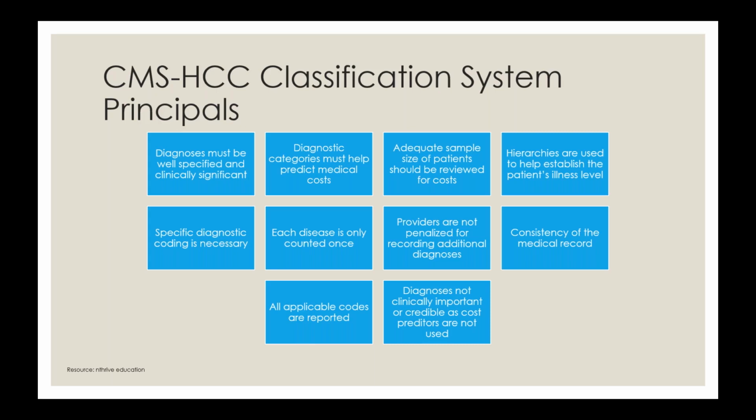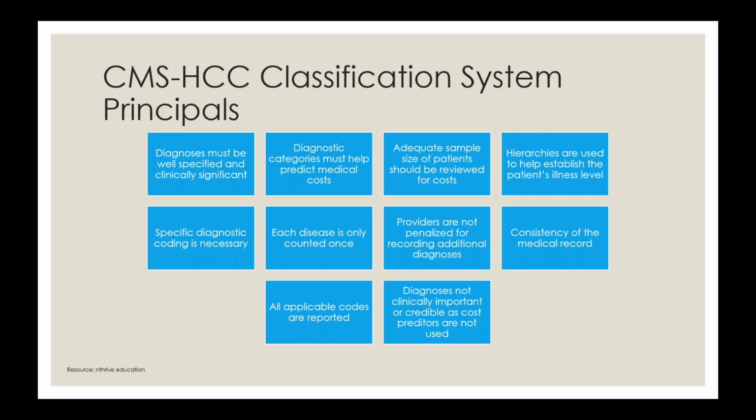Each disease is only counted once, and that is within the HCC category. So for instance, if you have other HCCs, they will be counted as different categories. But if it's, say, diabetes, and you have diabetes with CKD and diabetes with neuropathy, it will still only get counted once within that diabetic HCC category.